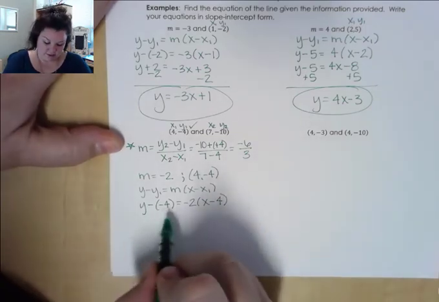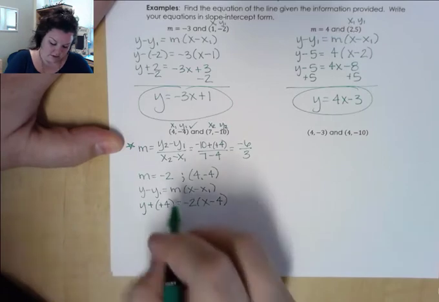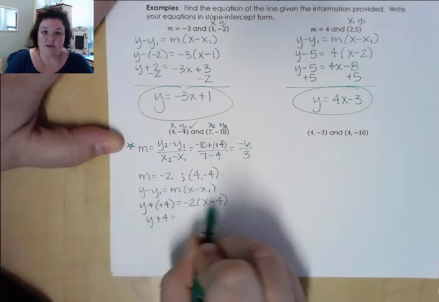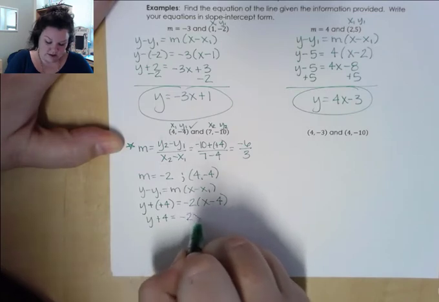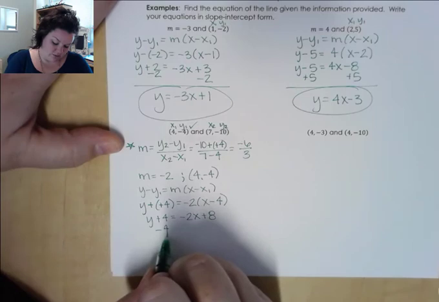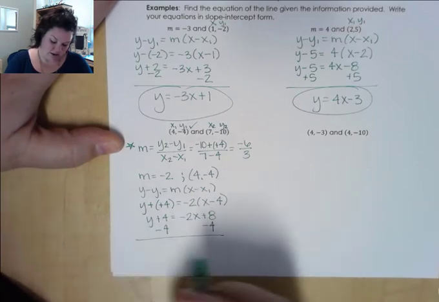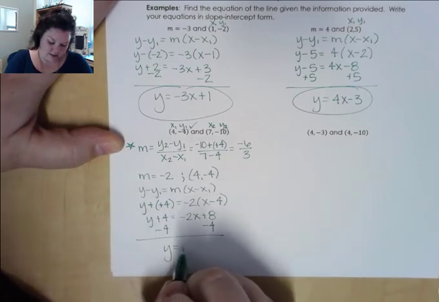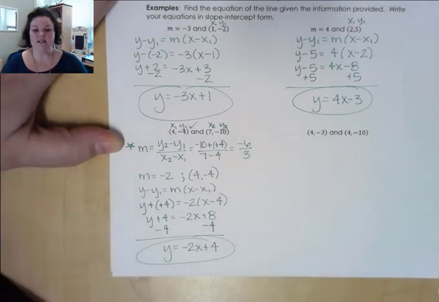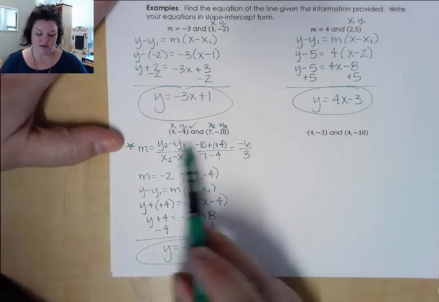Okay, my double negatives become positive, so I have y plus 4 is equal to, I'm going to distribute this negative 2 in, negative 2x plus 8. And then to get y by itself, I just need to move this 4 to the other side by subtracting. So I end up with y is equal to negative 2x plus 4. And that's the equation of the line going through these 2 points.